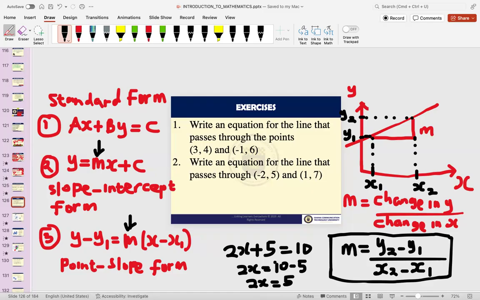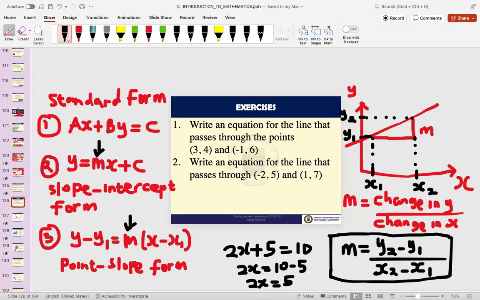I want you to know the features very well when you are asked. Like the example you have given me, I can write this, that 2x plus 5 equals 10. Which type of form of linear equation is 2x plus 5 equals 10? I expect you to compare with what we have done, and then you can come out with what we have arrived at.